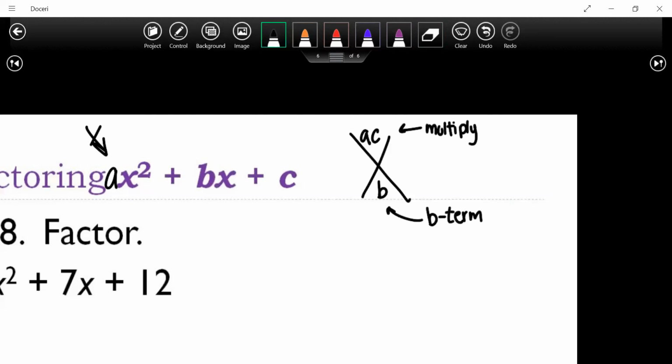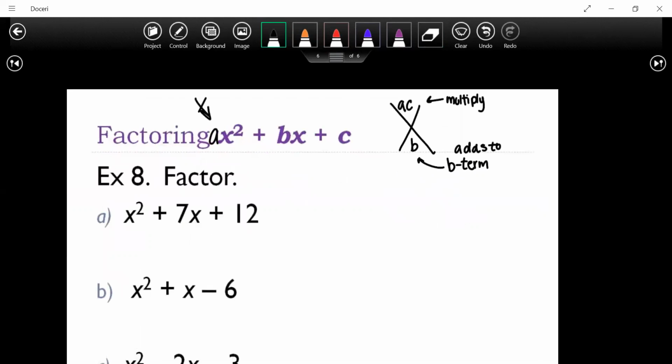We need to find out what multiplies to AC but adds up to the B term. So we'll put adds to B term. This should be basic factoring. You guys remember how to do these ones, right? Creating my snowflake with this. If you want to put a 1 in front of there, you can.